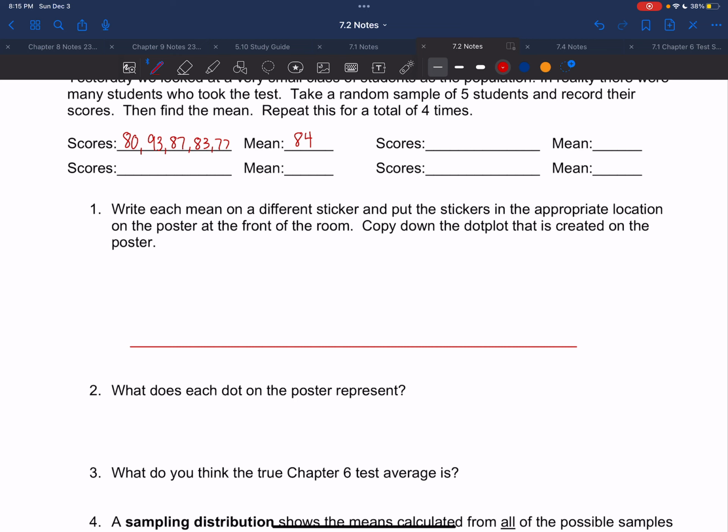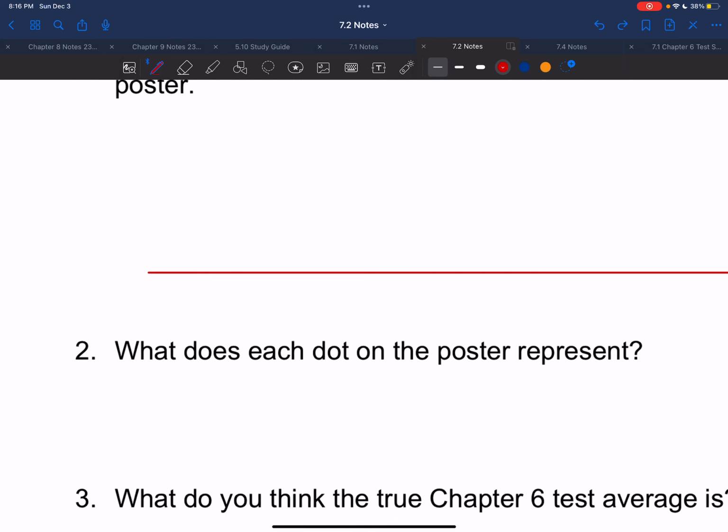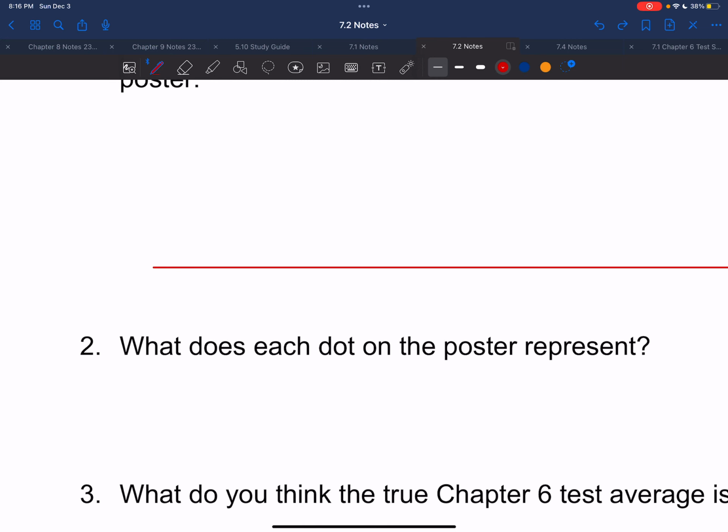So I had sample means ranging from 68 all the way up to 94. So I'm going to create a number line ranging from 68 to 94. So I had 68, 69, 70, 71, 72.